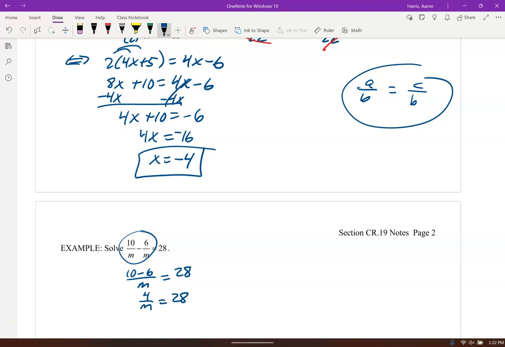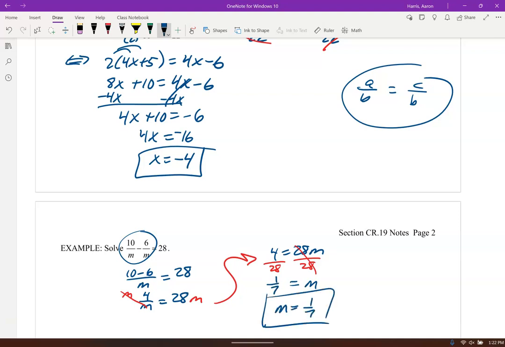Now I'm solving for m, so I want to go ahead and get my m on top. So I'm going to multiply this side by m and this side by m. And what we have is 4 equals 28m. And again, we're solving for m, so get rid of that number now. So m equals 4 over 28, 1/7.